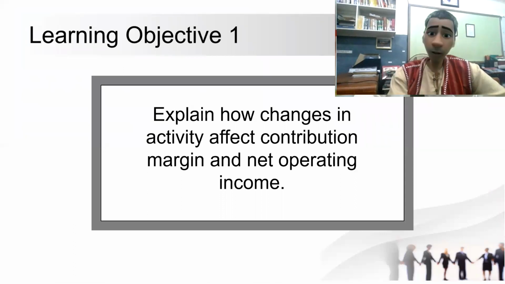So contribution margin minus something, we have net income or net operating income. Okay, so that is our formula. That's why we need to know in what manner does our contribution margin affect the net income? Because we are particular with our net income.